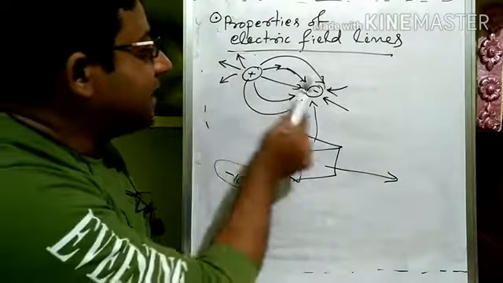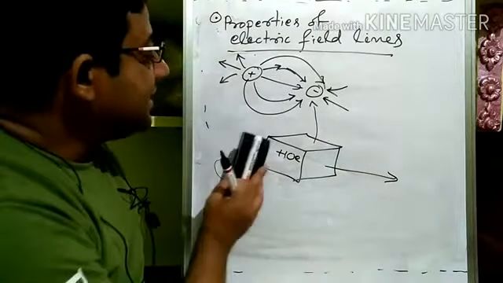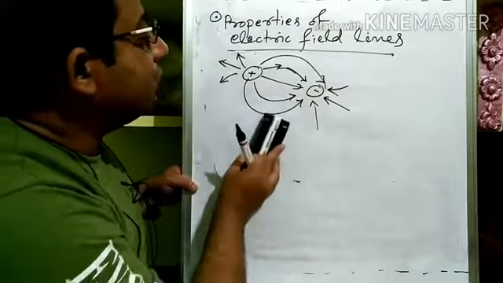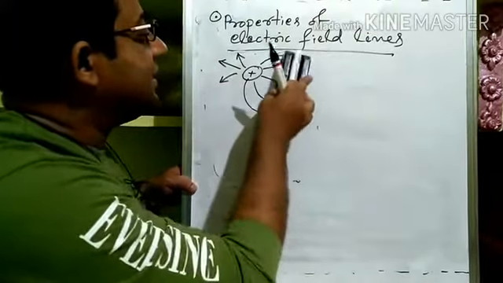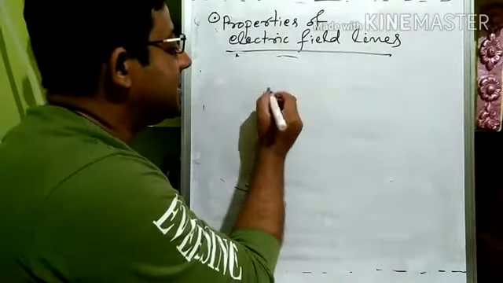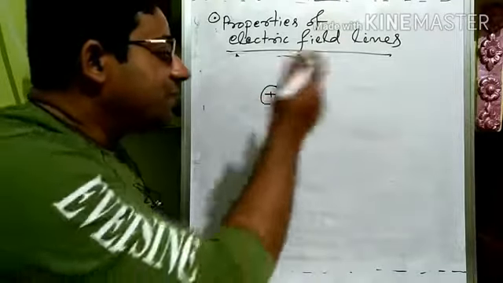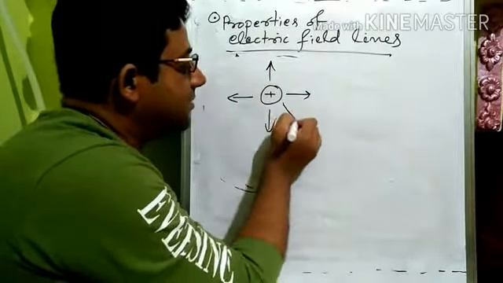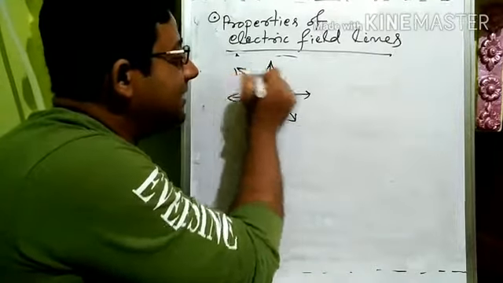So if plus and minus are here, you are seeing that the field lines are coming out of positive and ending in negative. Supposing that negative is not there, it is one isolated charge I am having here. So the electric field lines will start in infinite directions, and the question comes where those field lines end.